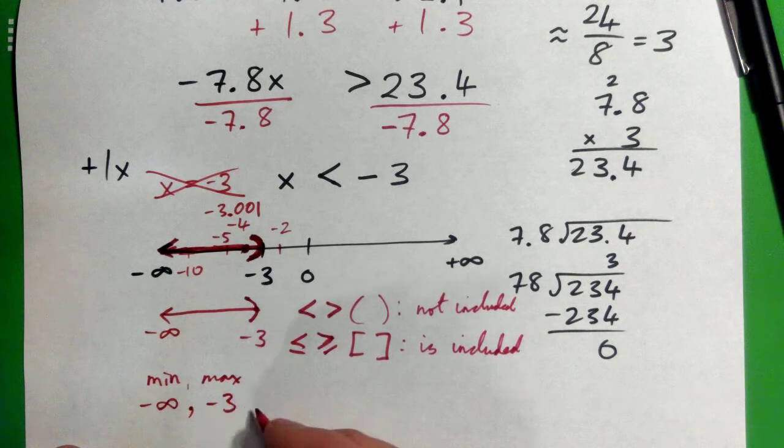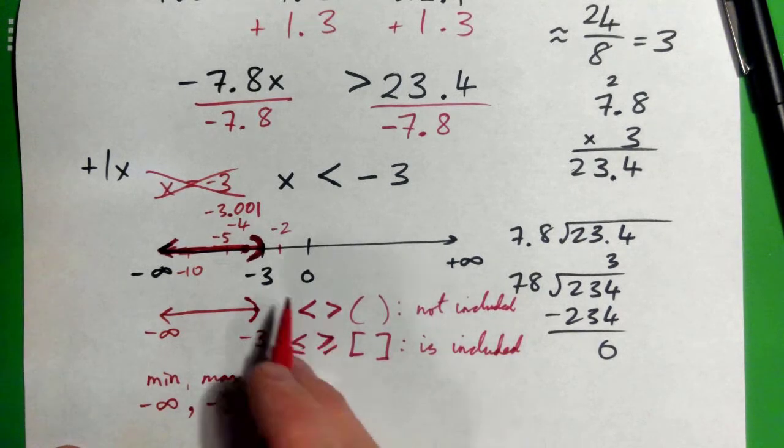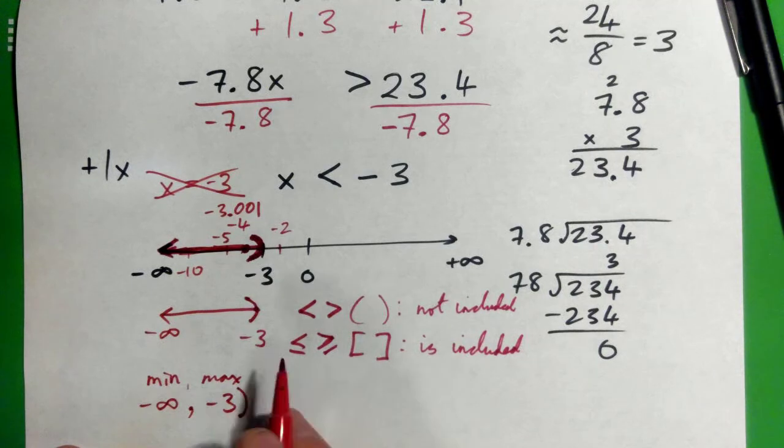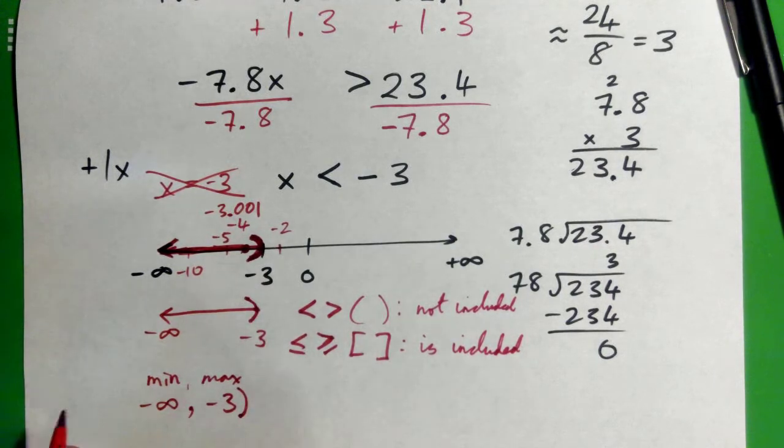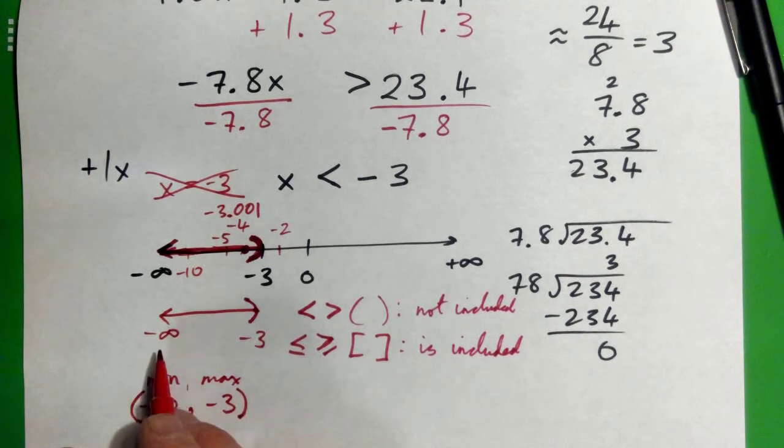Is negative 3 included? No, because it's less than. You can't include it because it's less than negative 3 but not negative 3. Is negative infinity included in the set of numbers? No, because you can never get there. So it's always a parenthesis.